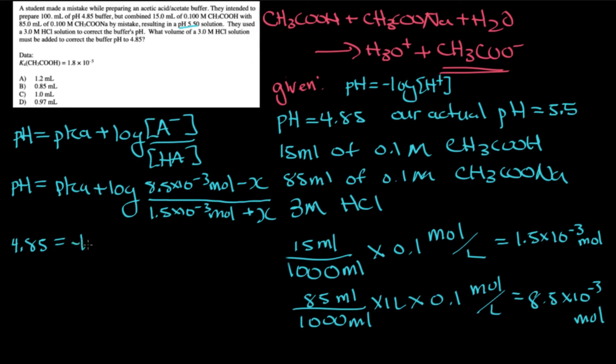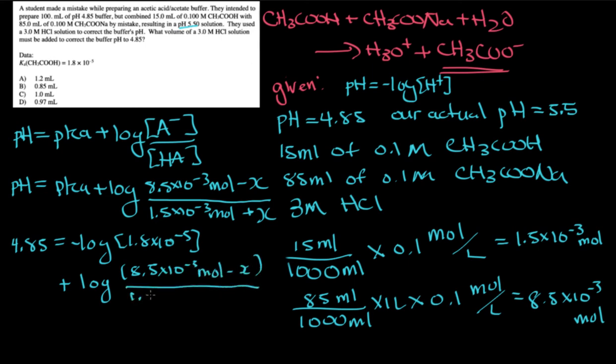So we have the minus log of 1.8 times 10 to the minus 5, my bad, to the minus 5, and then that's plus the log of 8.5 times 10 to the minus 3 moles minus x over 1.5 times 10 to the minus 3 moles plus x.